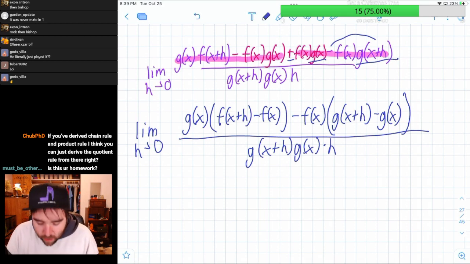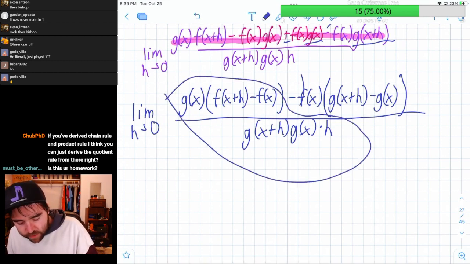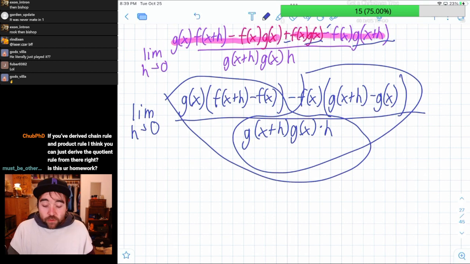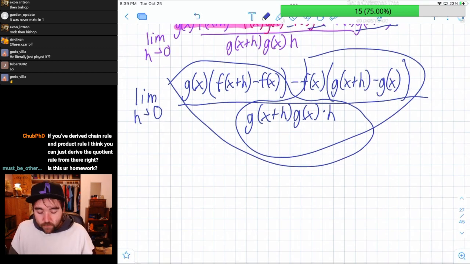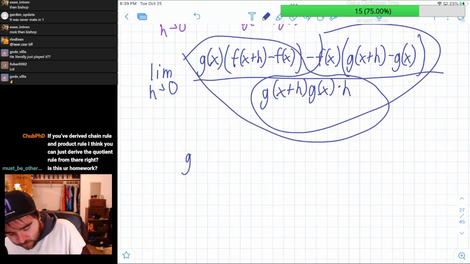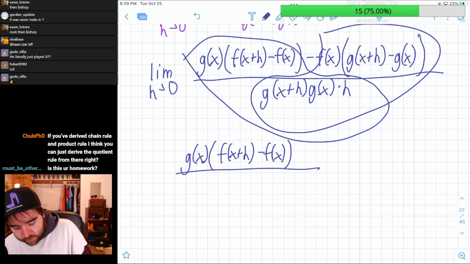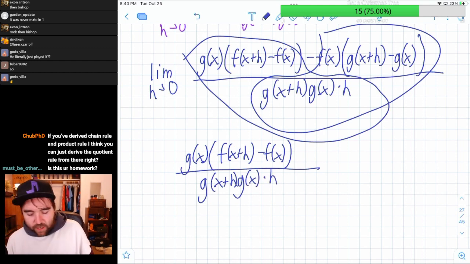So now what we could do is split this up into two separate fractions. That's what we're going to do. So that's going to give us g of x times f of x plus h minus f of x, all over g of x plus h times g of x times h.